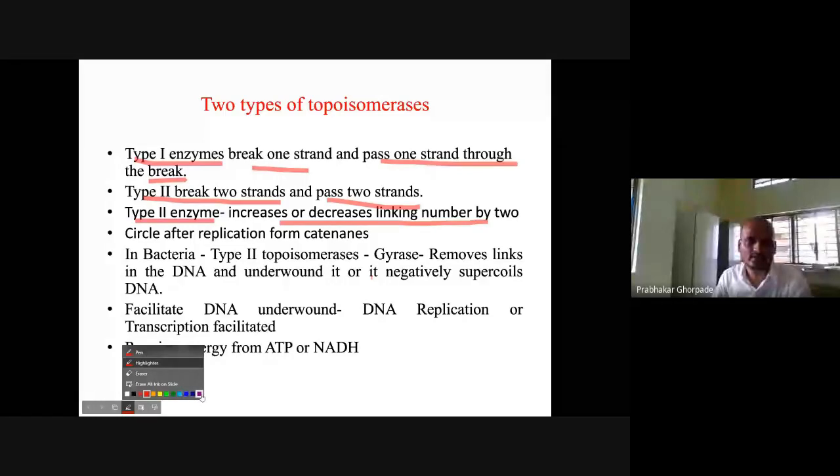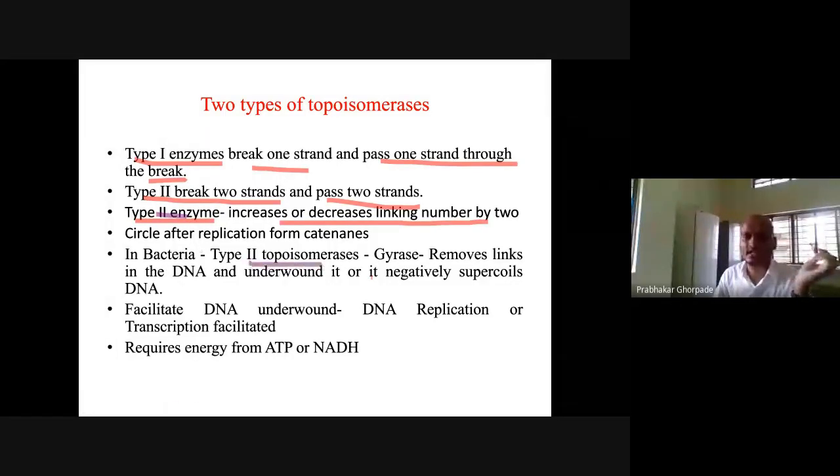In bacteria, the topoisomerase 2 enzyme is gyrase. It removes the links in the DNA, unwinds it, and negatively supercoils the DNA. It facilitates DNA underwinding.